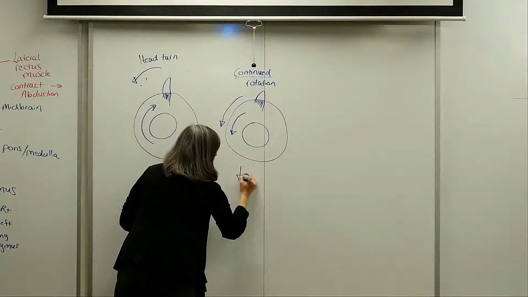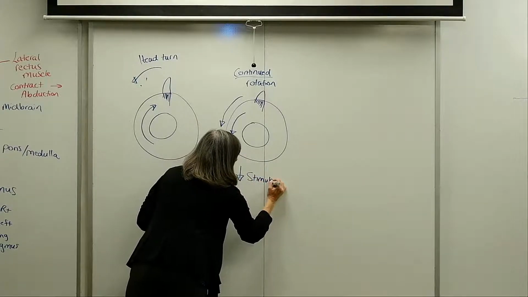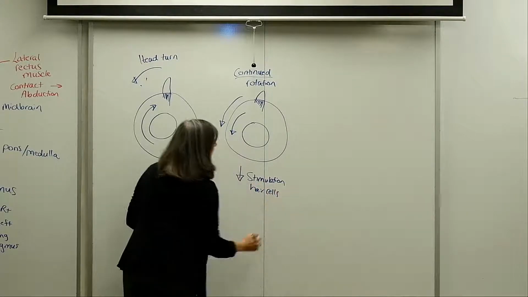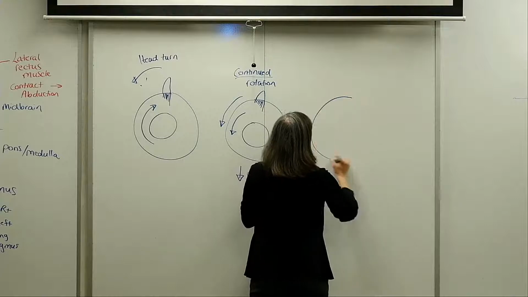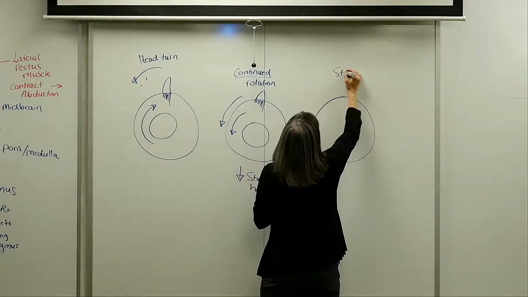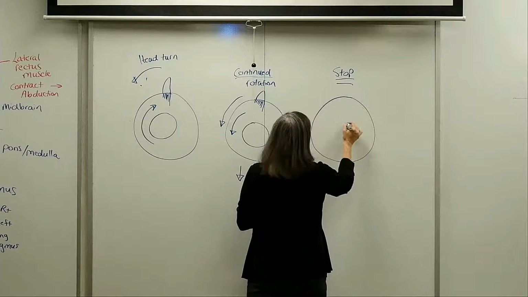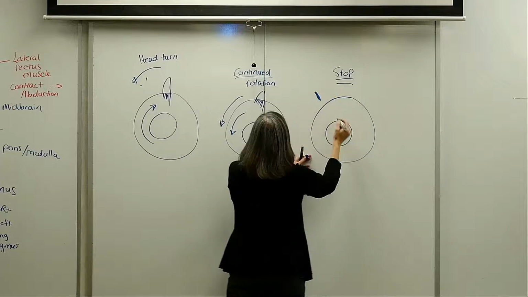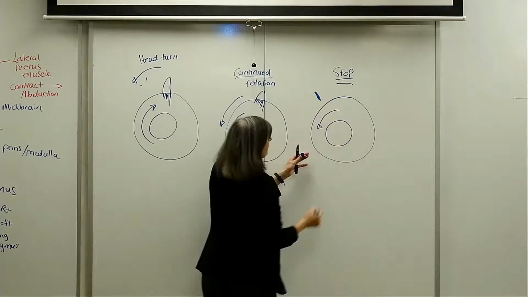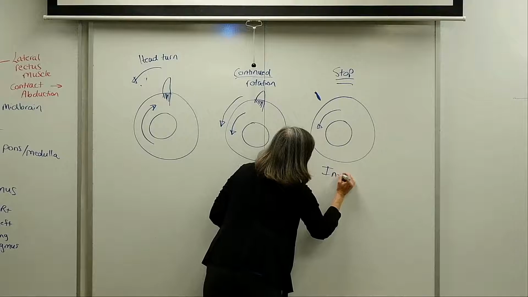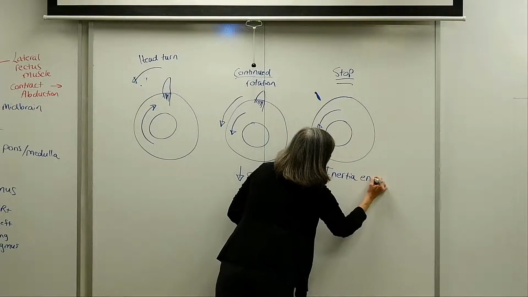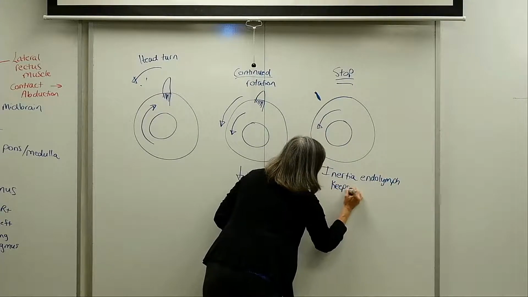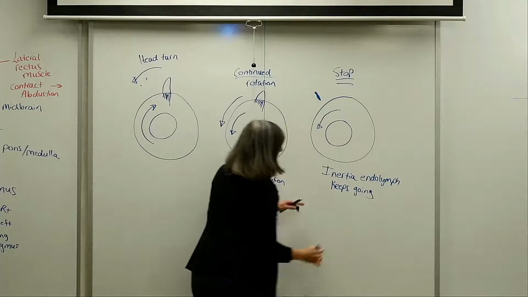And so this decreases the stimulation of the hair cells. But then when we stop, that endolymph is actually going to go in the opposite direction. So now, if the head is stopped, the endolymph is going to keep going for a little bit because of inertia, for a short amount of time, not forever.